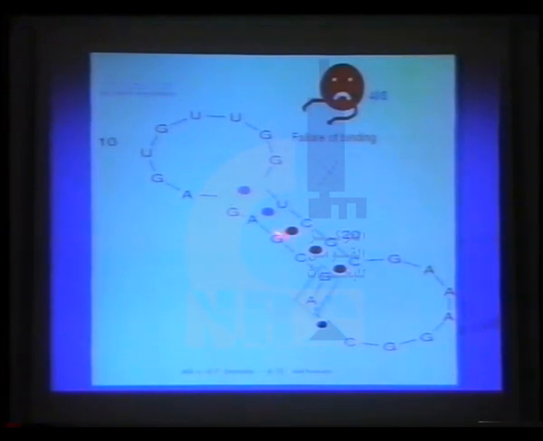So this is the type of dinucleotide mutation that we found in one of the healthy carrier patients. And we have analyzed the stem loop structure in a number of these patients.